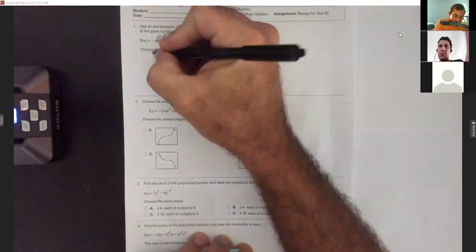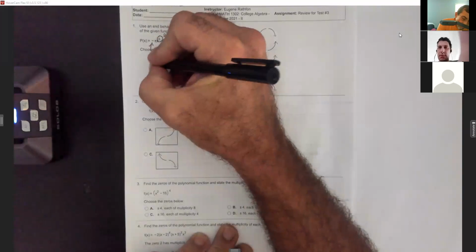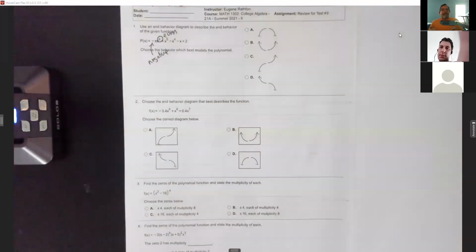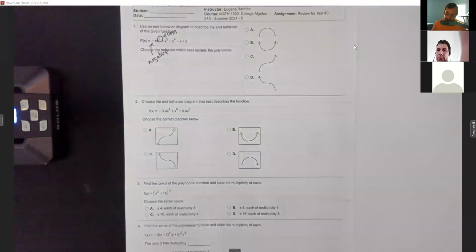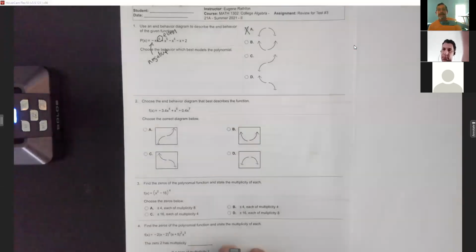And then that is a negative pi, so my lead coefficient is negative. So when my degree was even and my lead coefficient was negative, it looked like the upside down parabola in the big picture. So we go with A.